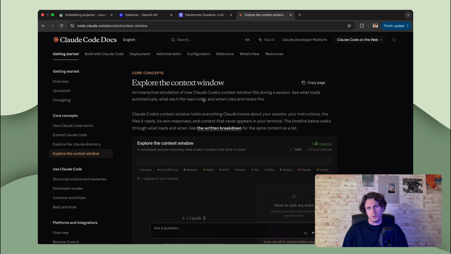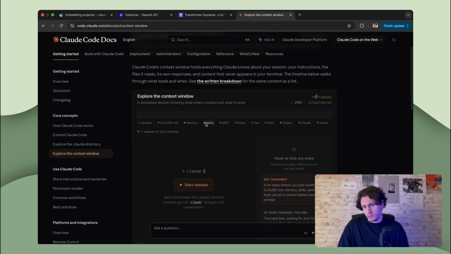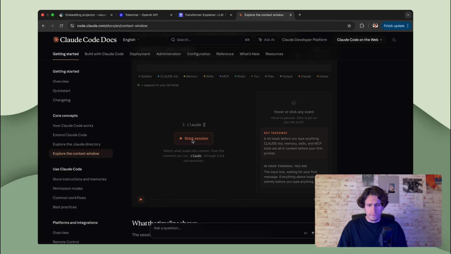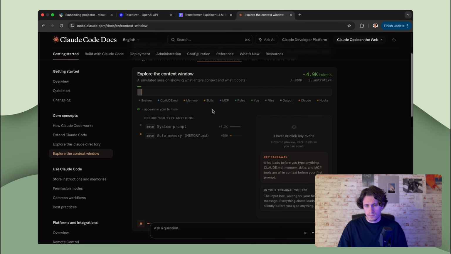One of the most important concepts related to tokens is the context window, which is the amount of tokenized information a model can work with at one time. So let me show you. I'm going to be using the Claude Code documentation because it has a really nice visualization of the context window. And first, let's start the session.